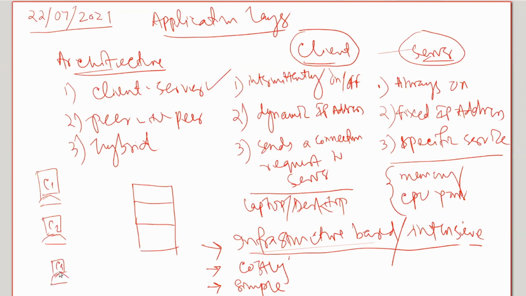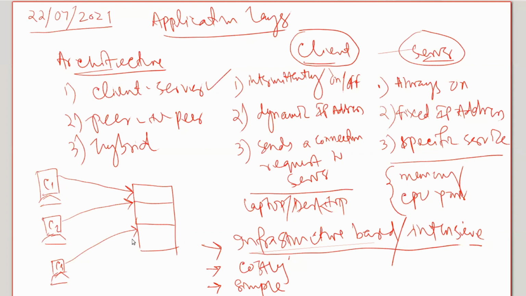Client 1 wants to connect to the server; it just sends a connection request, and the connection is established. Whatever the client wants to download or upload, the server provides. Client 2 wants to connect, does the communication, then stops. Client 3 wants to get something from the server, simply connects, gets it, and stops.